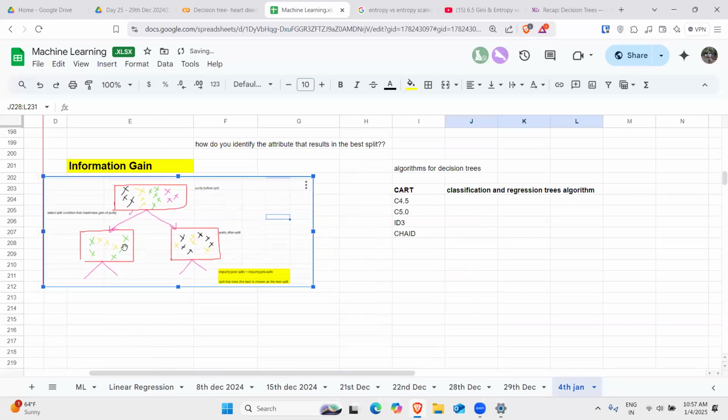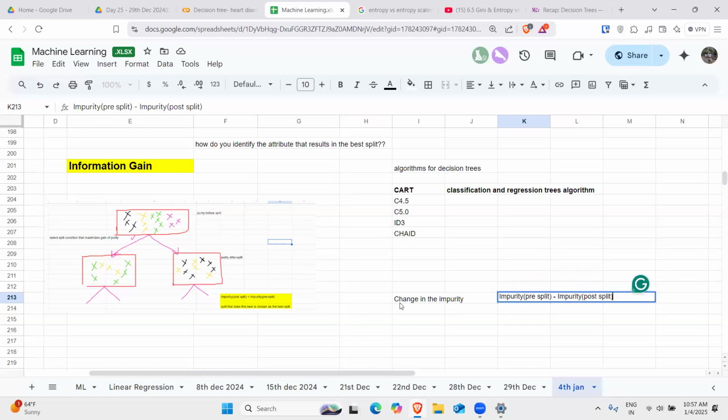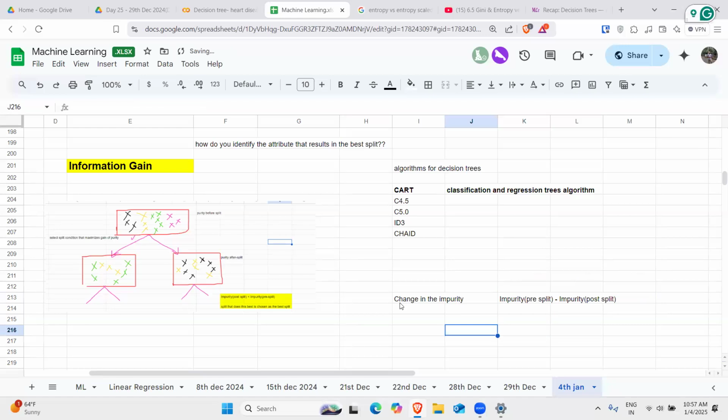Now, the change in the impurity, or the purity gain, is given by the difference of the impurity pre-split minus the impurity post-split. And the post-split impurity is calculated by finding the weighted average of the two child nodes.